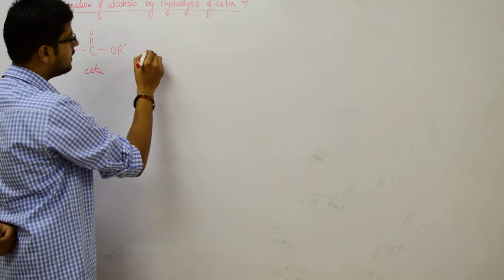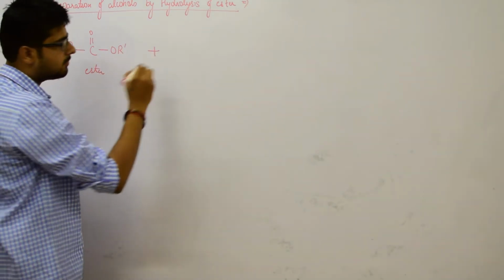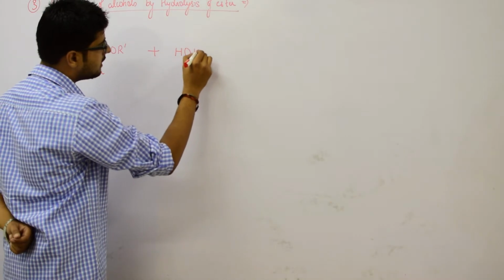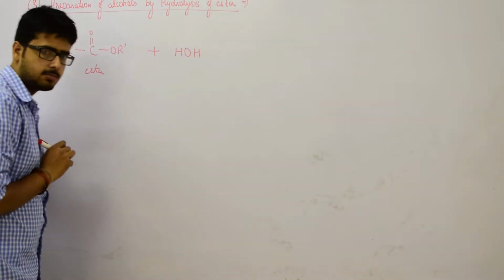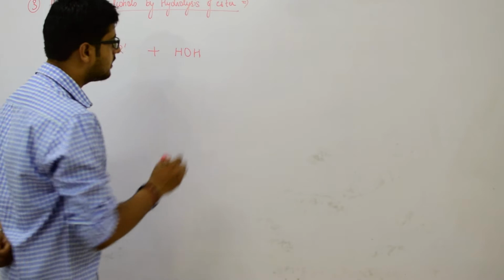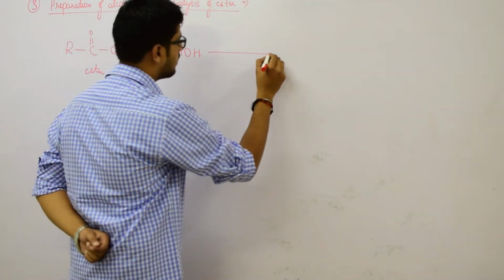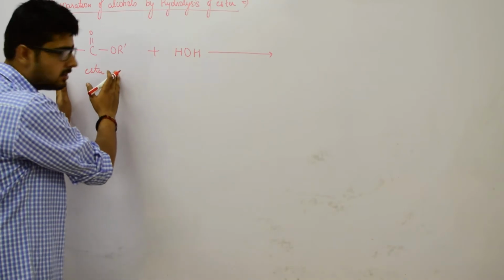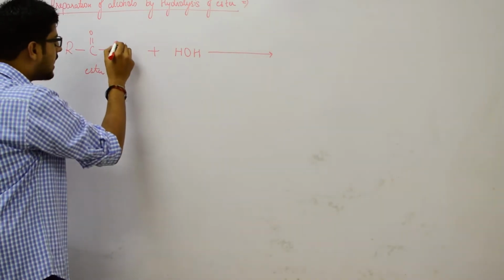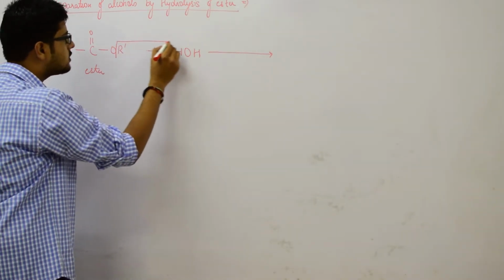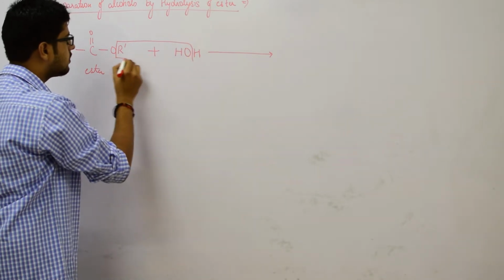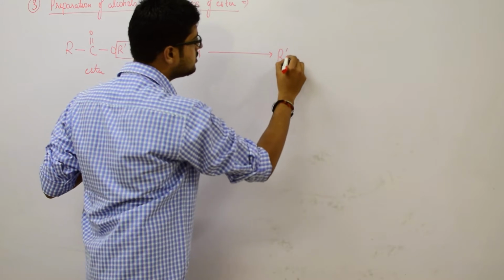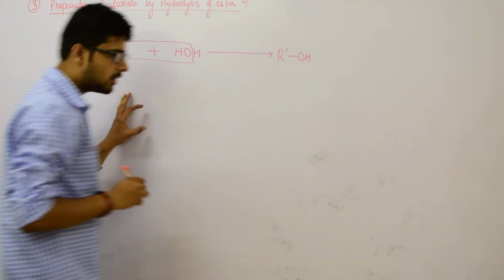When we are hydrolyzing with water, we show water in the form of HOH. This is our water molecule. When we are hydrolyzing the ester, this R dash group combines with OH and forms R dash OH. This is our alcohol molecule.